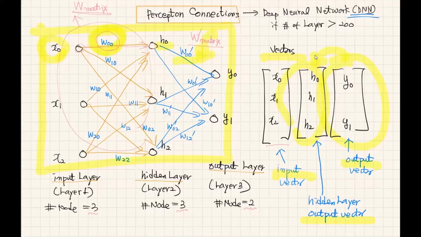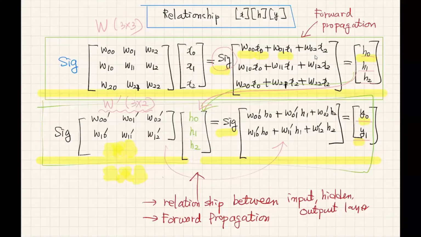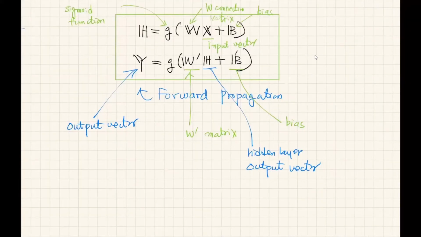And then we also defined the input vector, hidden vectors, and output vectors. And then I developed the mathematical relationship between each output vector using matrix calculations and the sigmoid function. And this is a very simplified mathematical description for the propagation.